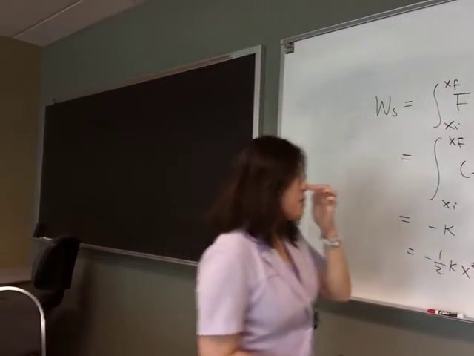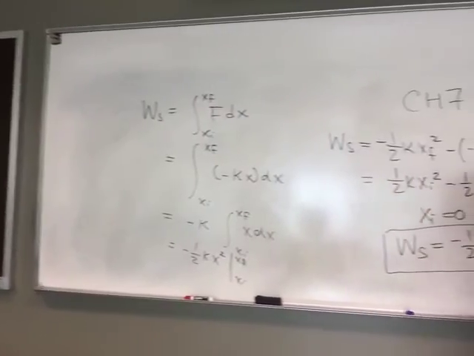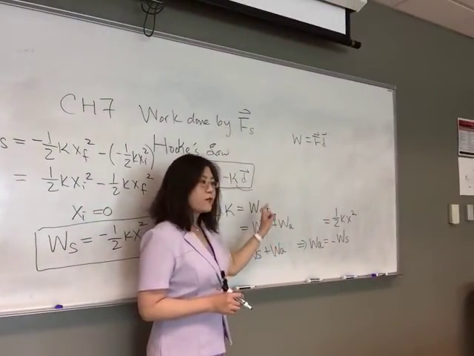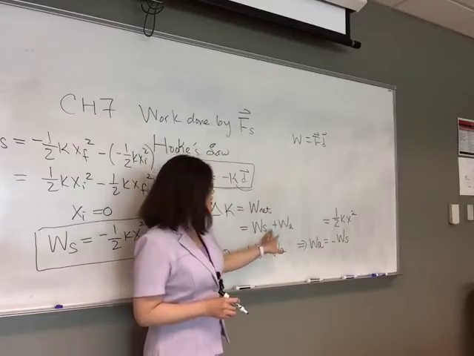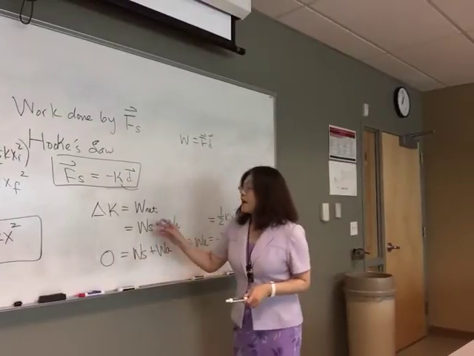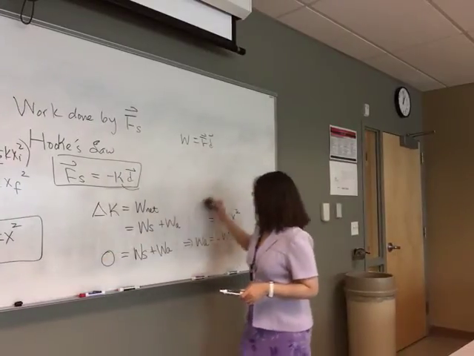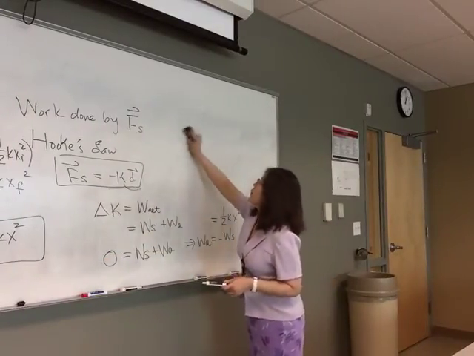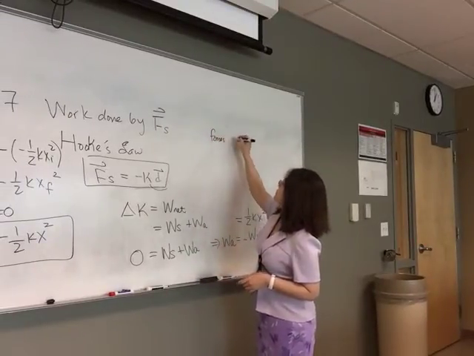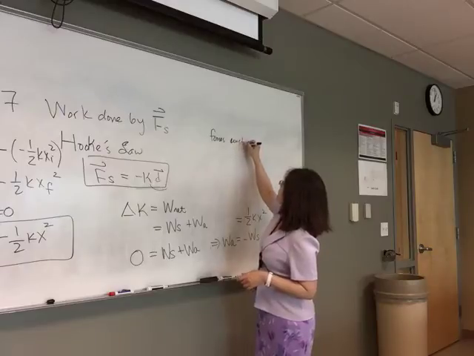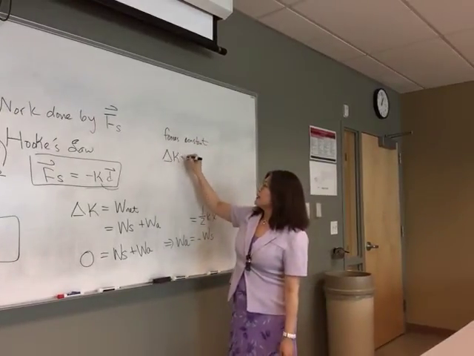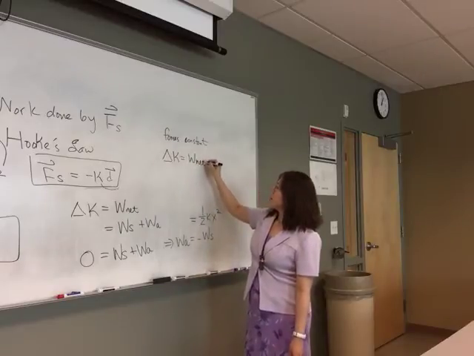Now, the other thing I want to mention is net work, which is the sum of the work done by the spring force and the work done by the applied force, for example. What you can also do to find net work, if forces are constant, is that your delta K is equal to net work, right?